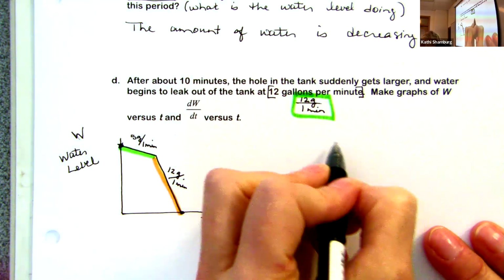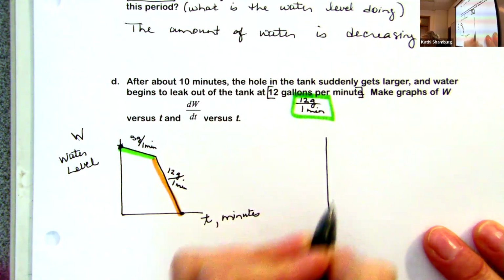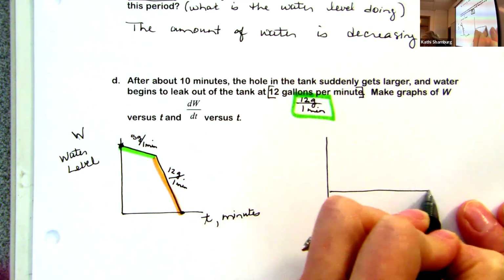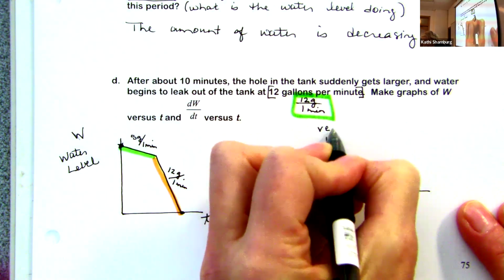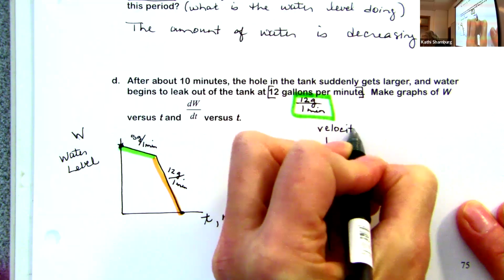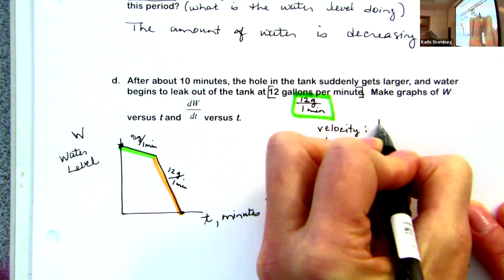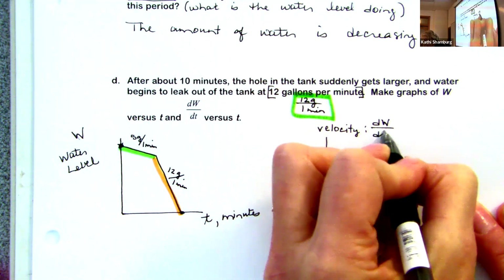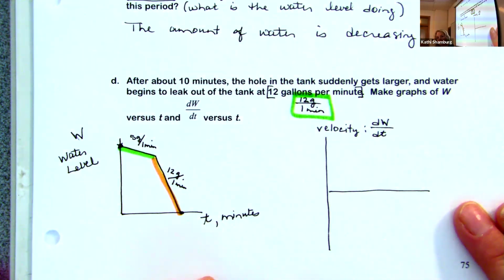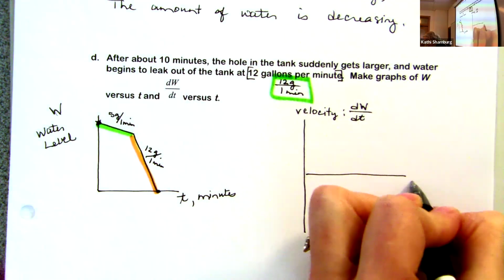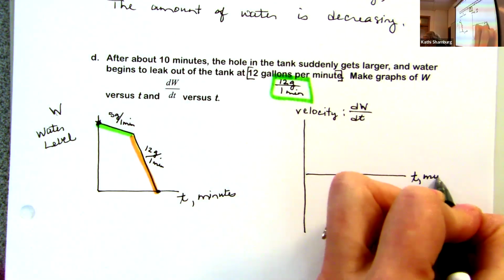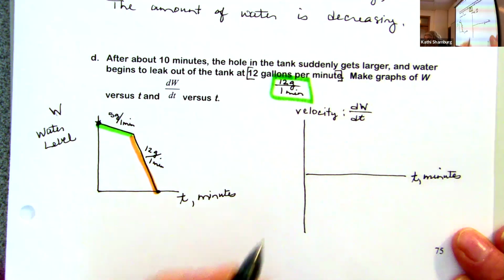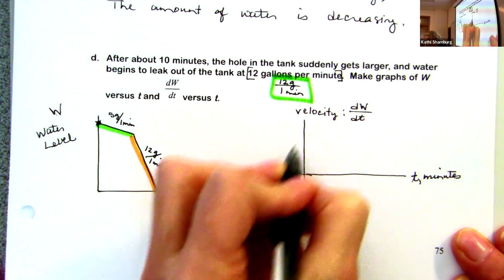So then when we do our velocity, right? So this is our velocity, which we are now showing as the change in the water level per the change in time. Our time is still minutes. Here's 0.